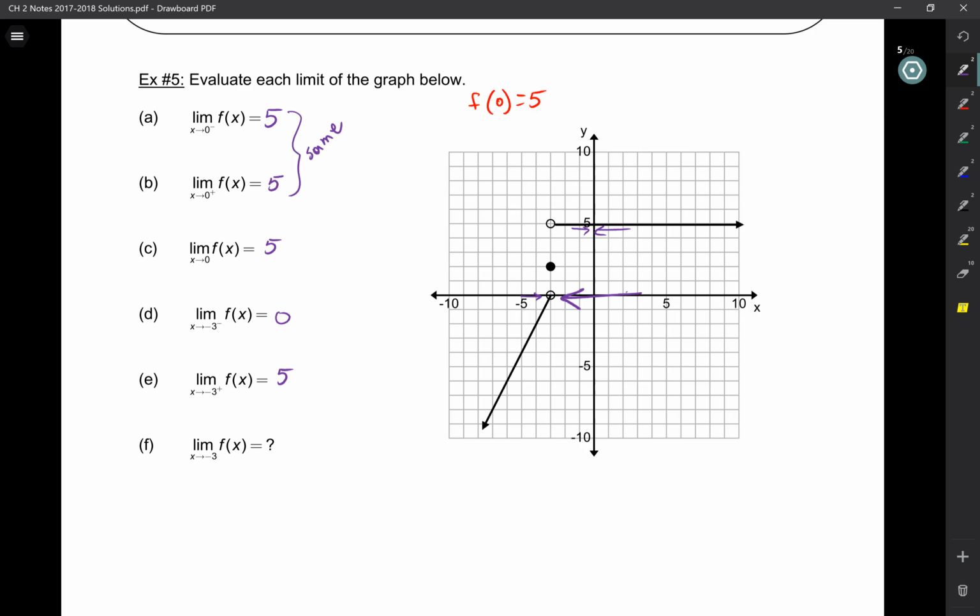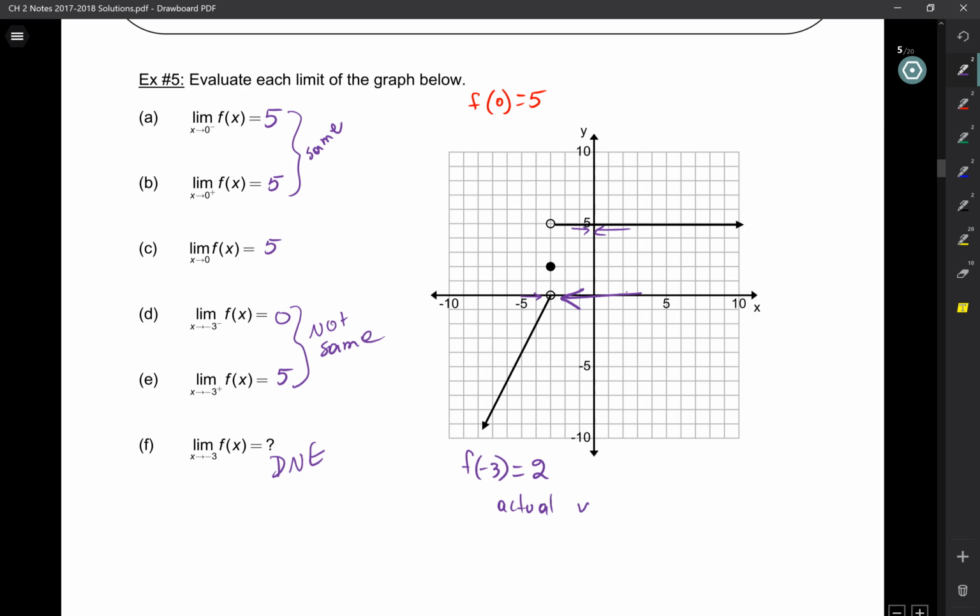And as I'm approaching this negative 3, the value of the graph is approaching 5. Okay? Oh, I didn't look at the one above. Right. So now, because these are not the same, this is d and e. By the way, what's f of negative 3? It's 2. F of negative 3 is 2. This is the actual value, has nothing to do with the limit.